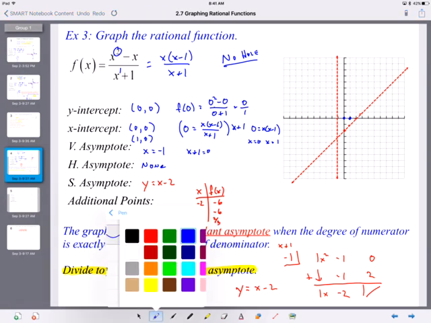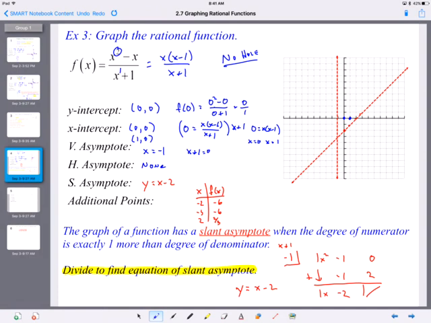So, negative 2, negative 6, 1, 2, 3, 4, 5, 6. We also have negative 3, negative 6, so it must go up and then come back down. And then I also did 2 and 2/3, which is somewhere there.